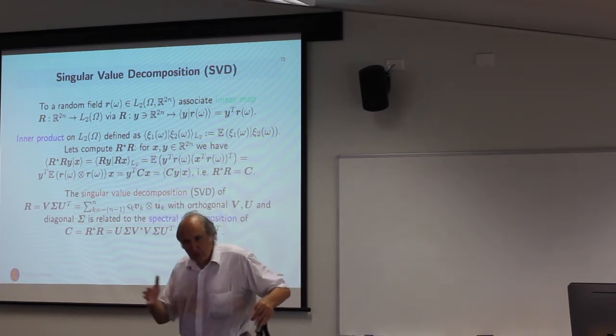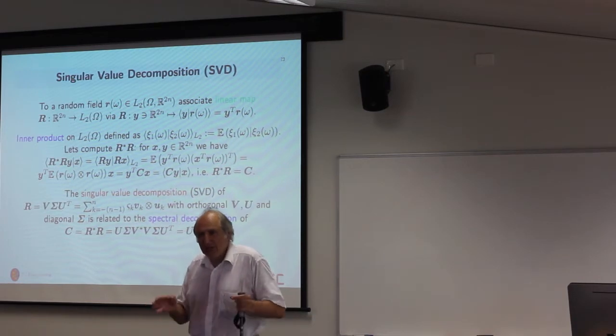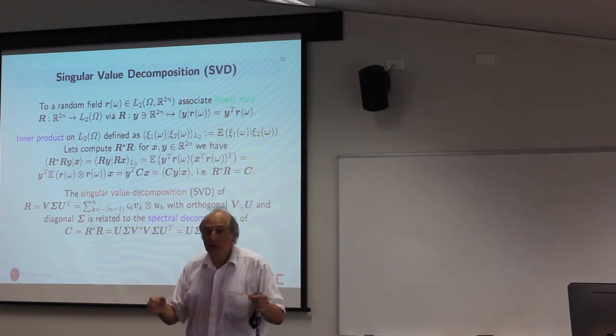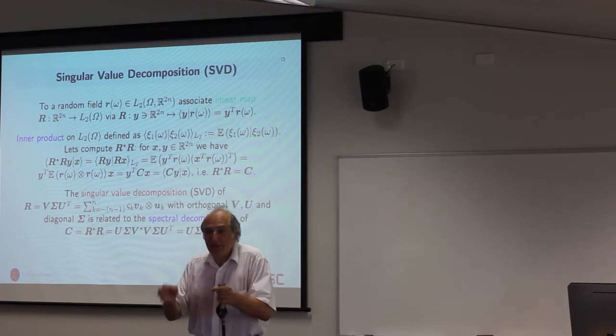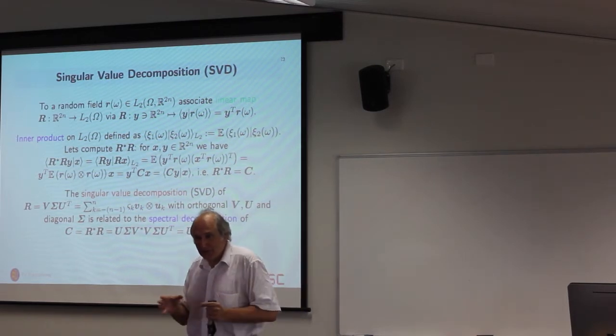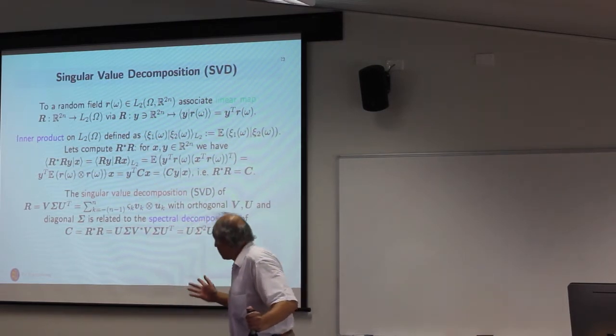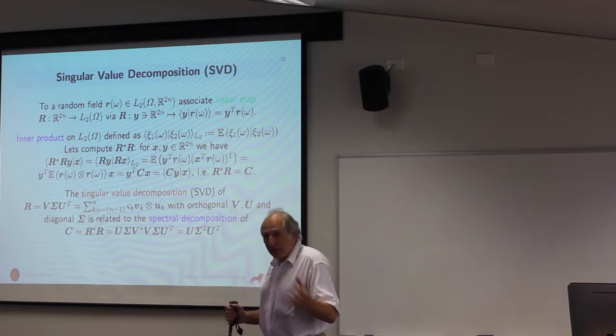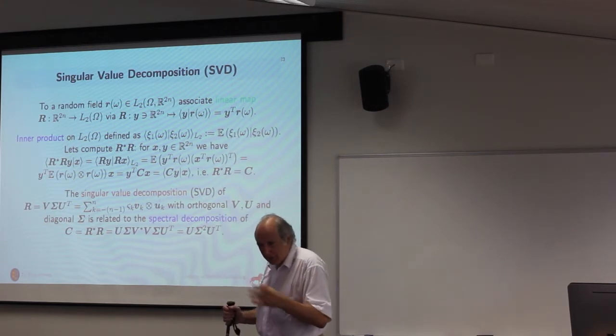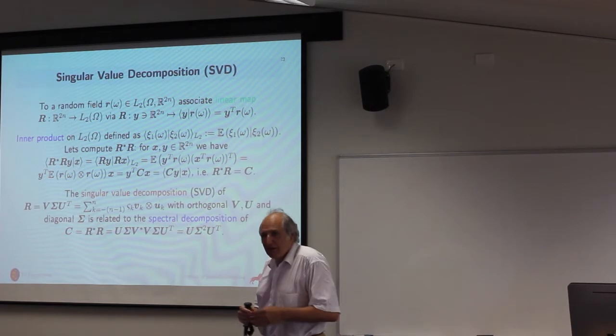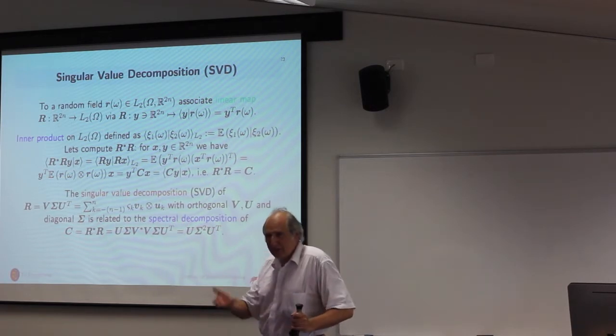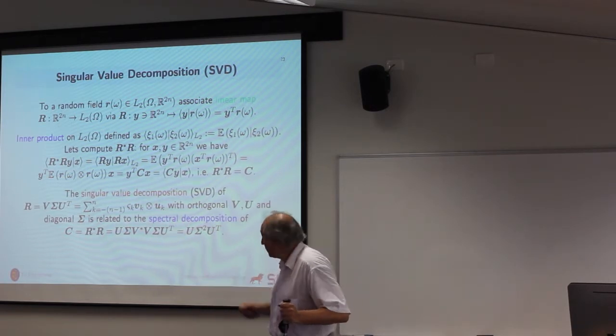For instance, what you do when you do Fourier analysis, you do exactly like this. You see on this wavelength you have this much variance, on that wavelength you have that much variance, or whatever. This is exactly what you see. So this is the analysis which shows you this here. Okay? When you don't have shift invariance, then you don't have sines and cosines, but you have other eigenvectors which show you this eigenvector carries so much variance, this one so much, and so on. So this is the decomposition you have here.